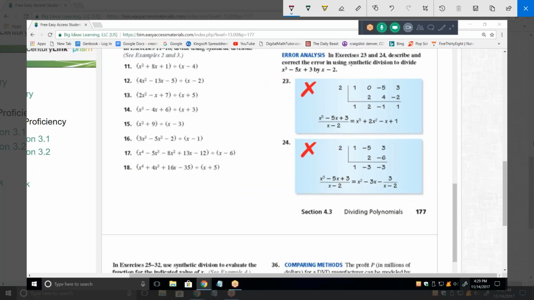Let's see if there's anything interesting. 13 is pretty much the same. Okay. Look at 23 just for a moment. We'll come back to these. What did they do wrong on 23? Oh, wait, we actually do 23. Oh, good.